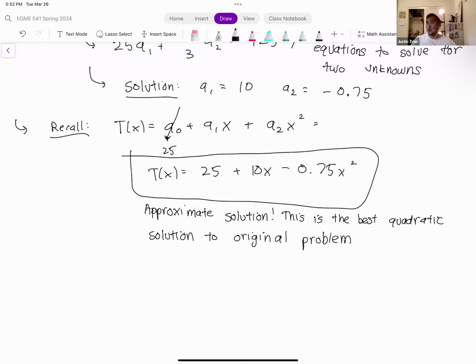Because remember, the way we got this was we assumed a quadratic solution, and we went through this whole process, and we obtained the best quadratic solution.